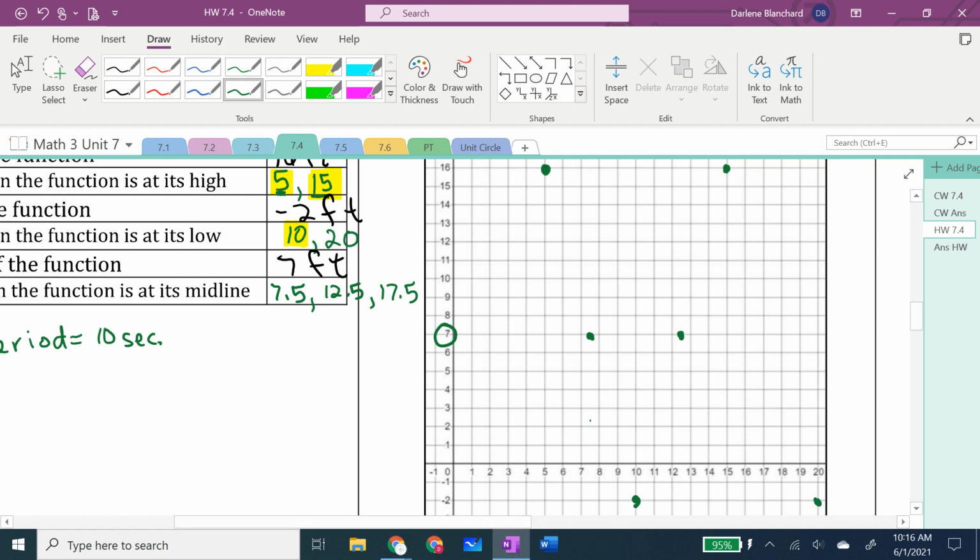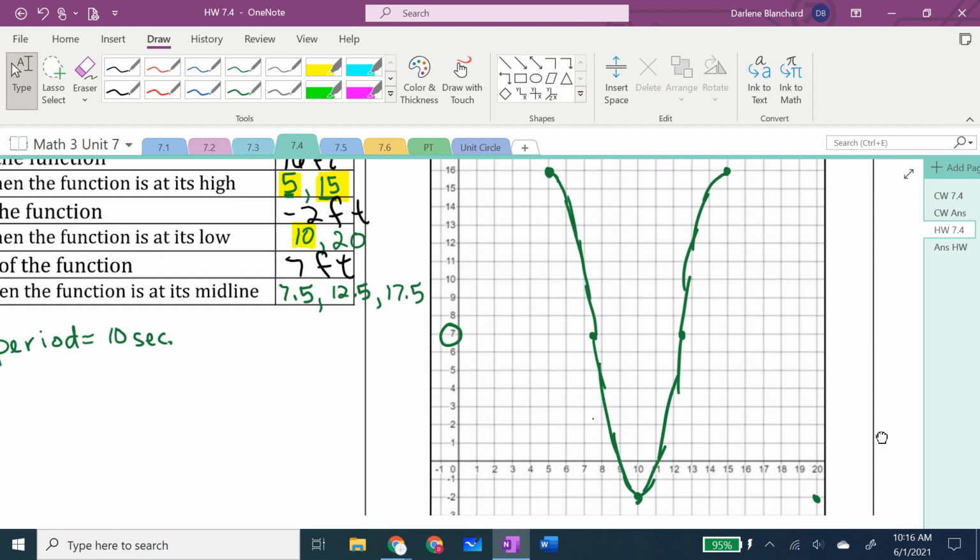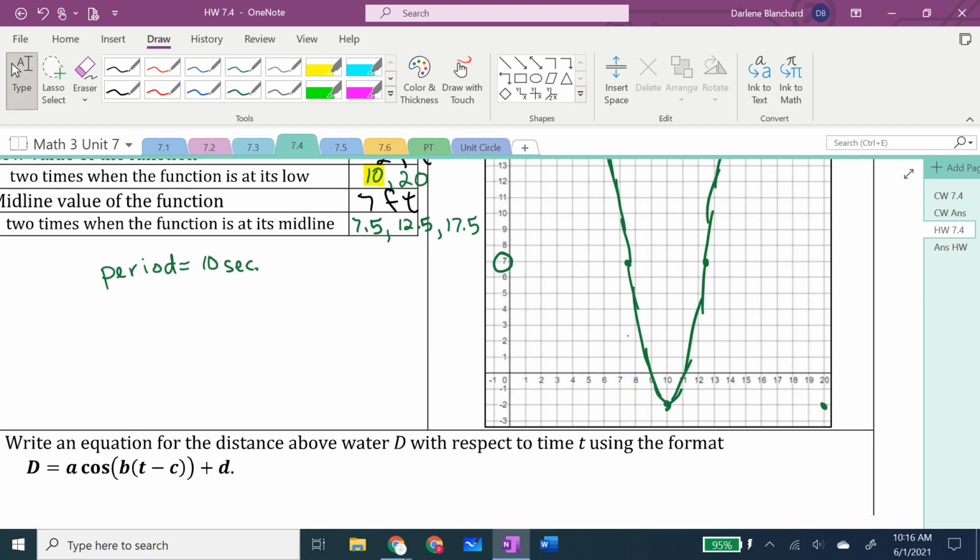I'm going to draw a graph. And I can draw further if I want, but that gives me at least one full cycle.